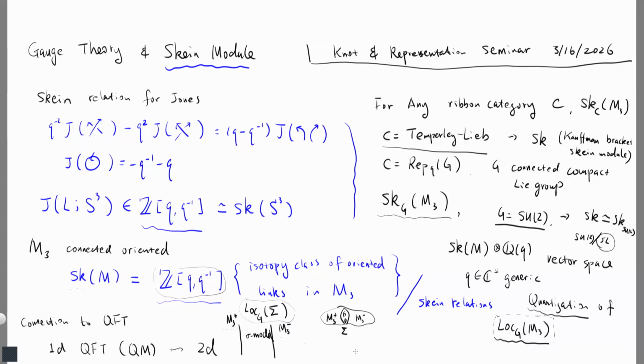M3 plus and M3 minus, these are handle bodies, so they are three-dimensional with two-dimensional boundaries. So here, this would correspond to some boundary conditions of the sigma model, and then they are given by Lagrangians inside some bigger space. The dimension of this can be arbitrarily large if G is sufficiently complicated, or if sigma is of higher genus. But these are half-dimensional.